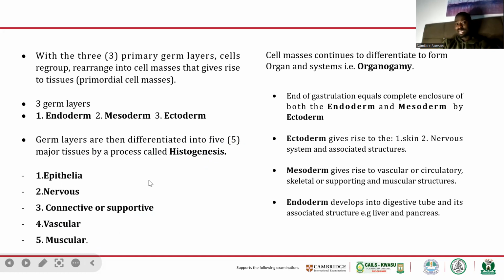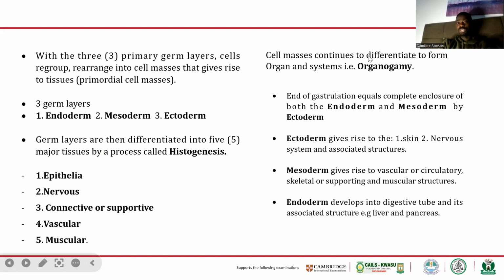That is what I said earlier, that histology, or histogenesis, is the study of tissue. I said we will not go much into it because it is a whole topic on its own, with its own full syllabus, where we are going to deal with all these 5 tissues in the body. So we'll talk about them one after the other.